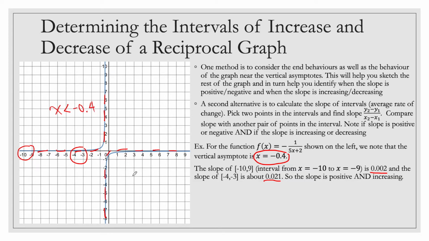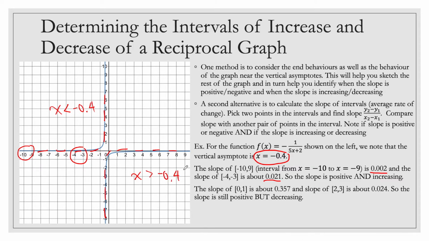Now let's look at the interval when x is greater than negative 0.4. So let's calculate the slope between 0 and 1. If we calculate the slope between 0 and 1, we find that it is 0.357. And then if we compare this with the slope between 2 and 3, we notice that the slope here is 0.024.